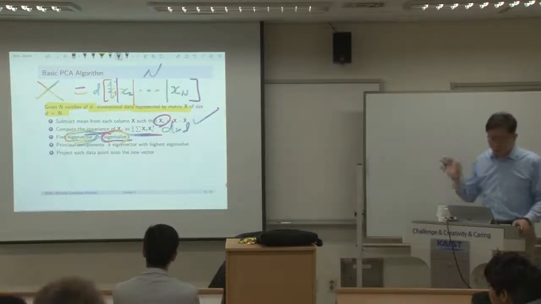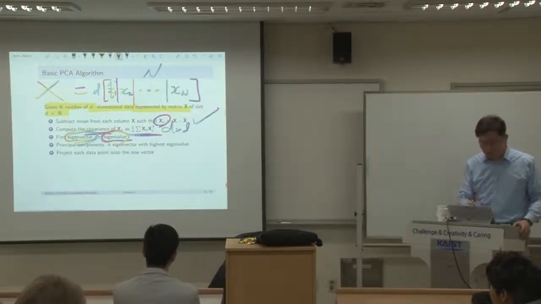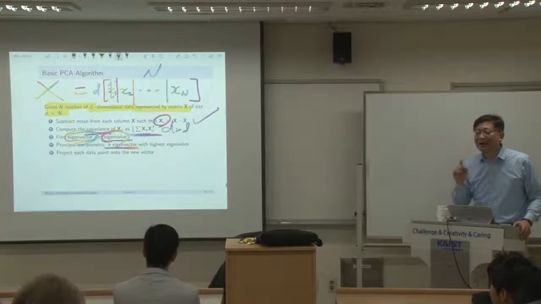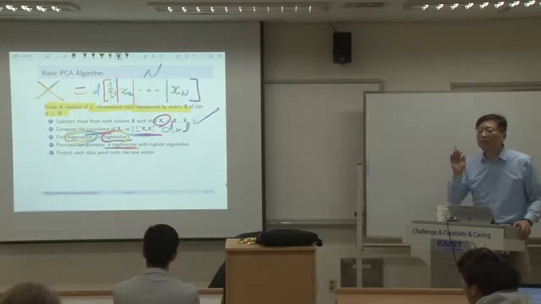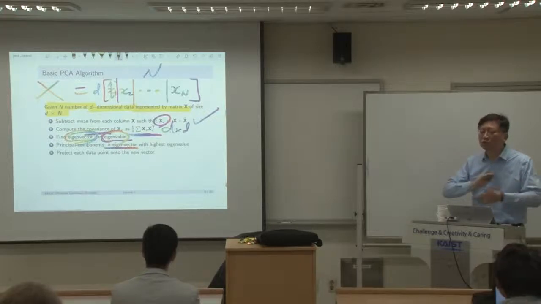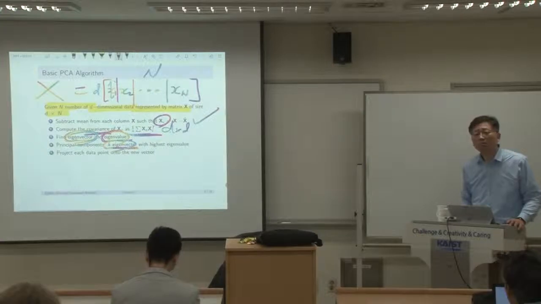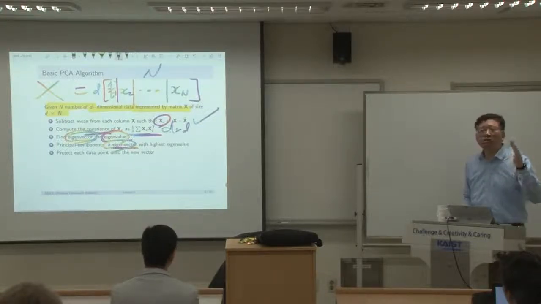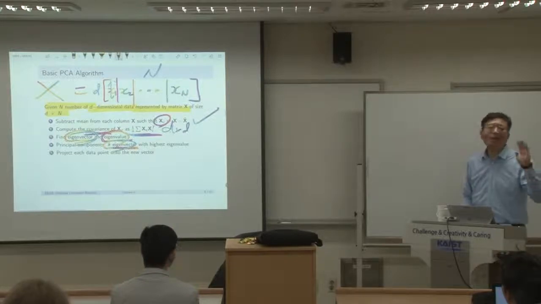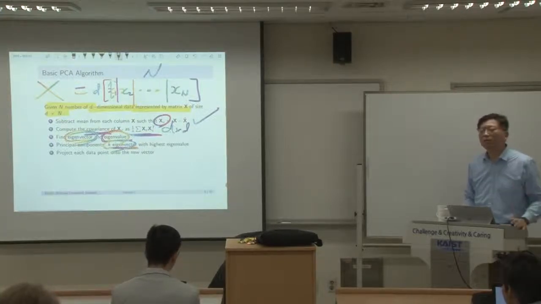I will get d eigenvectors, d possible projections, but I'm going to choose only k of them with the largest eigenvalue, which are the projections onto the top k with highest variance, the projected data variance.